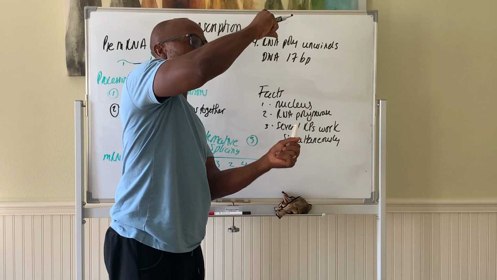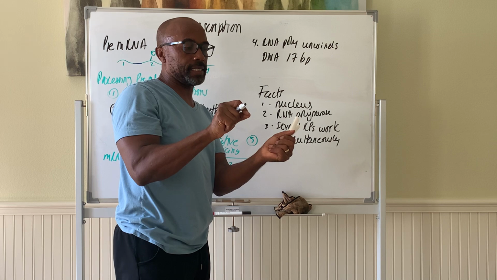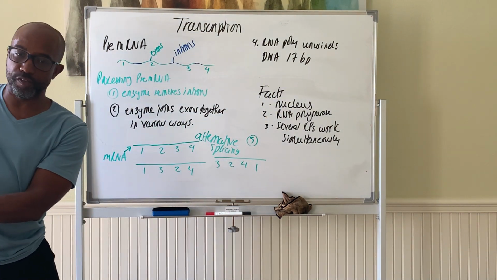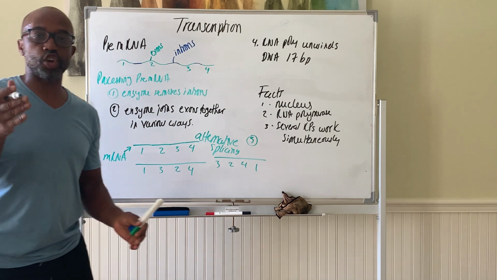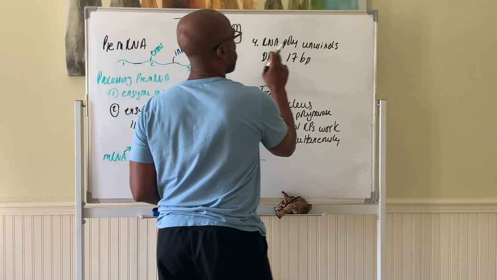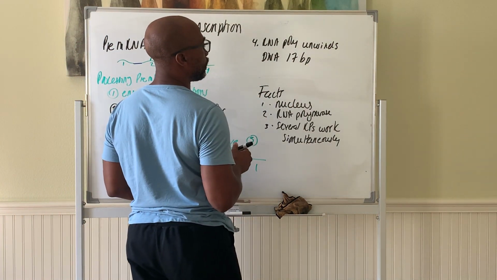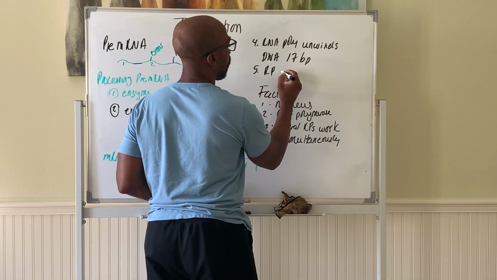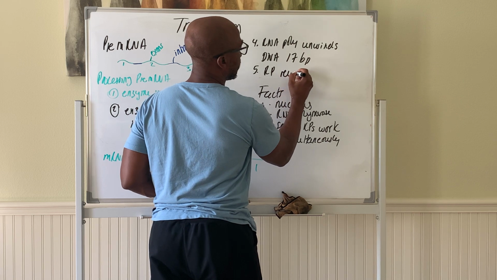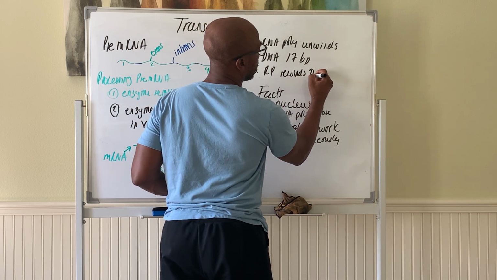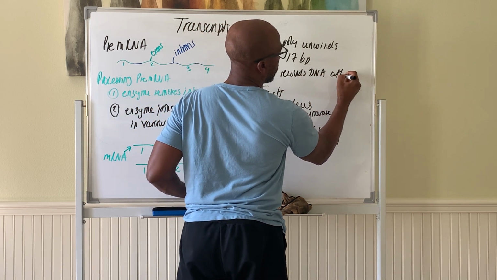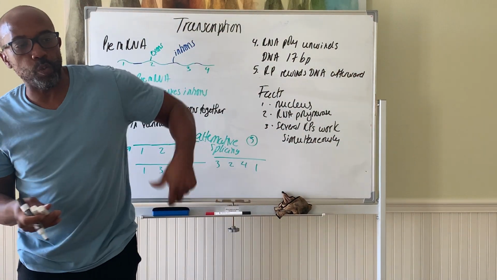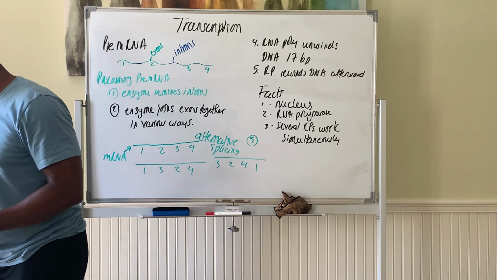So it goes like this: unzip it, copy it, refold it, move down, unzip, copy, refold, and move down the chain until it hits the terminator portion, okay? So it unzips DNA around 17 base pairs, and it also rewinds the DNA afterward. After it has moved on, it will rewind behind it as it moves along.